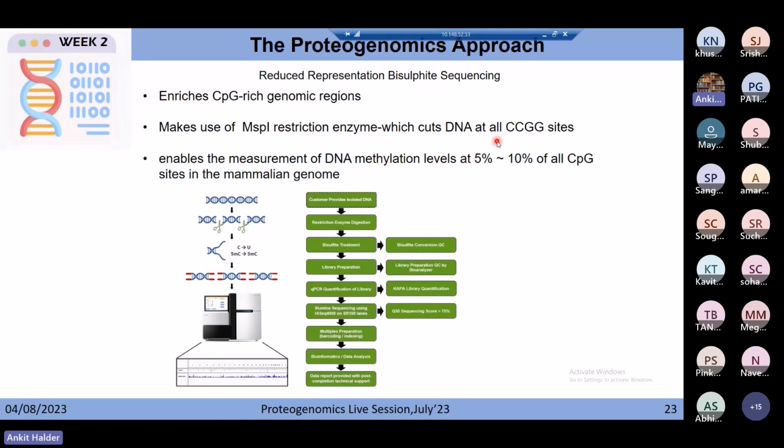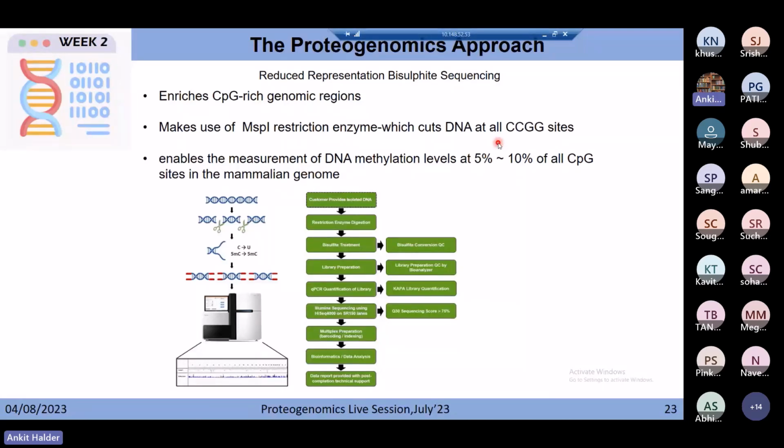Earlier we used DNase I sites to understand the nucleosome disrupted regions. Here, in reduced representation, and from the name only we can understand that though it is bisulfite sequencing, we are not going for the whole genome, but a reduced representation of the genome by using the MspI restriction enzyme, which cuts the DNA at all CCGG sites.